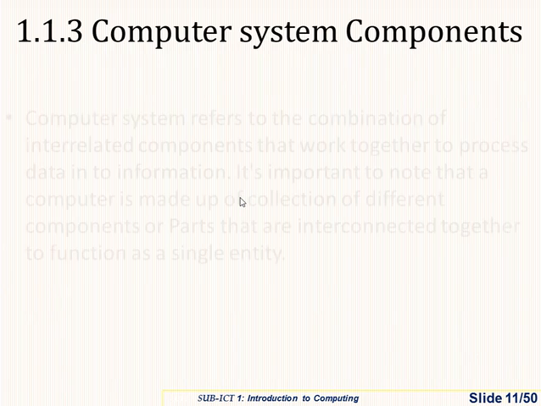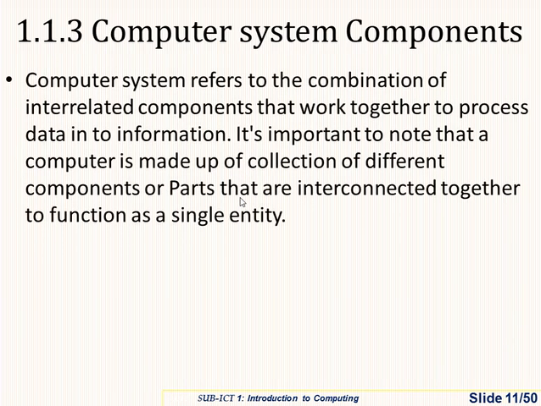So therefore, a computer system refers to the combination of interrelated components that work together to process data into information. Those are the components that you combine in order for the computer to work on the data and convert it into the information.